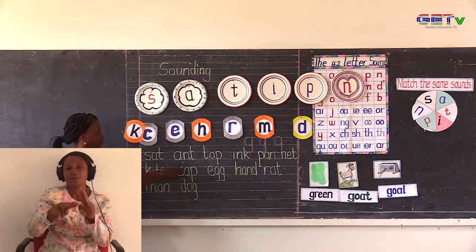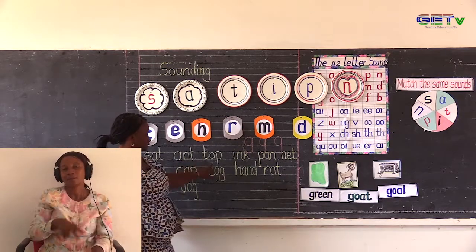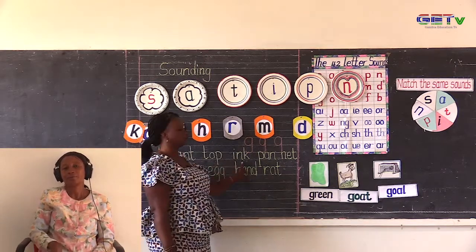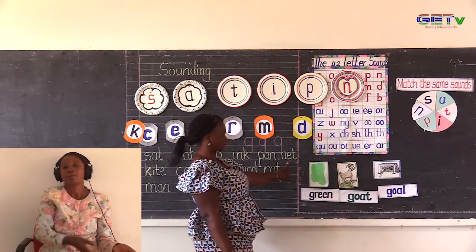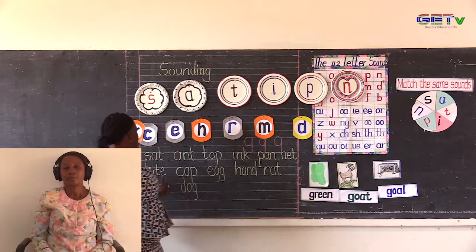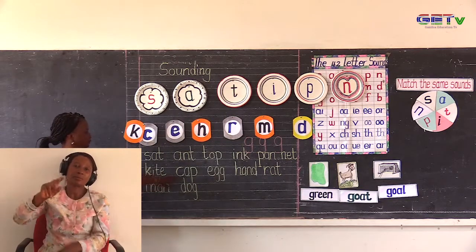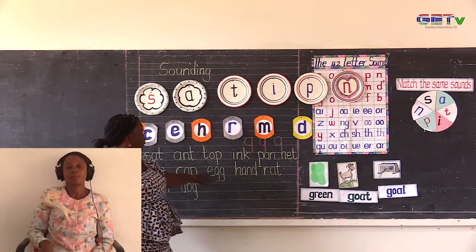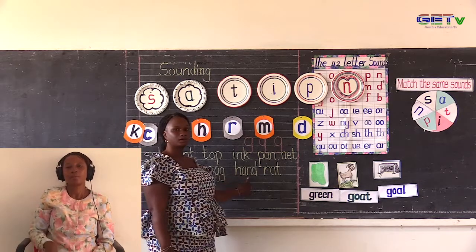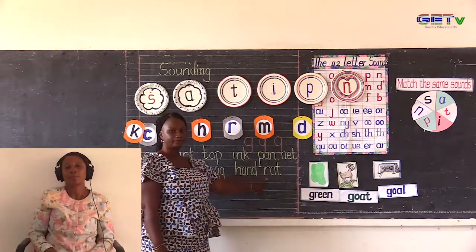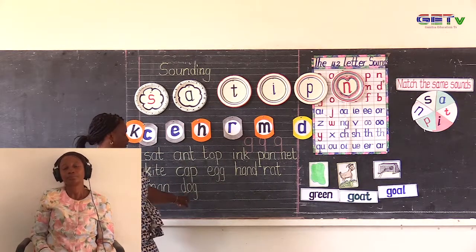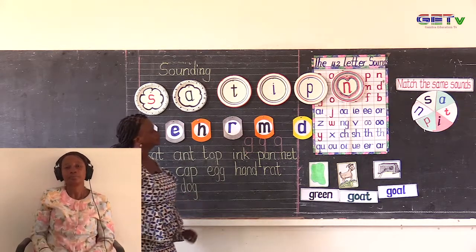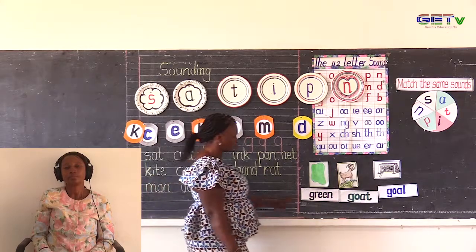Sat, ant, tap, ink, pan, net, kite, cap, egg, hen, rat, man, dog. And then we look at these ones too.